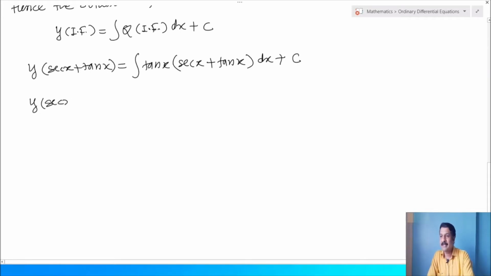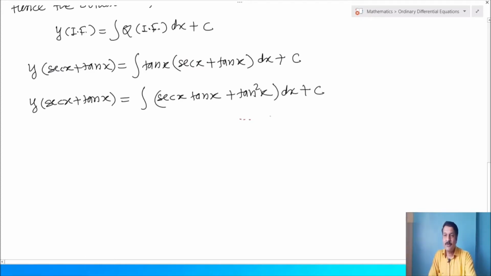So y into sec x plus tan x, left hand side as it is. Now if we separate it, I will get sec x into tan x plus tan square x. Now sec x into tan x integration is standard, but what about tan square x? As we know, 1 plus tan square theta equal to sec square theta.